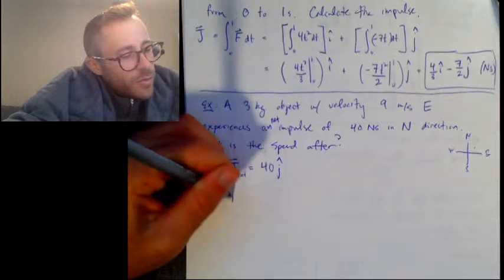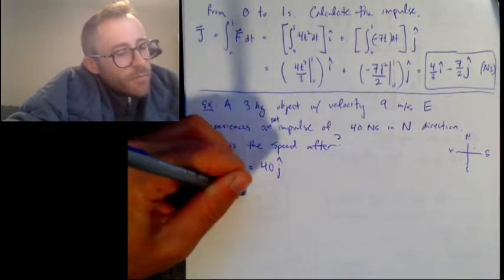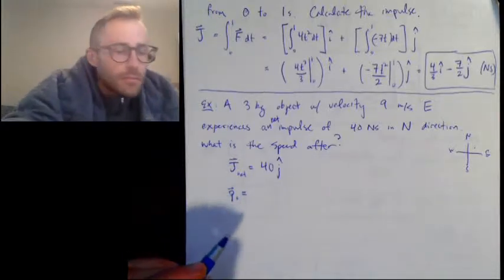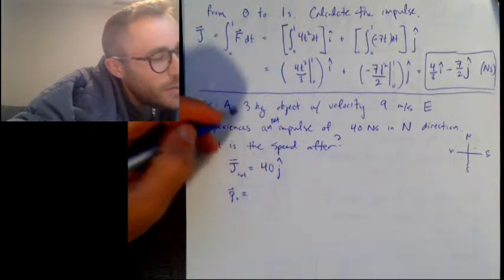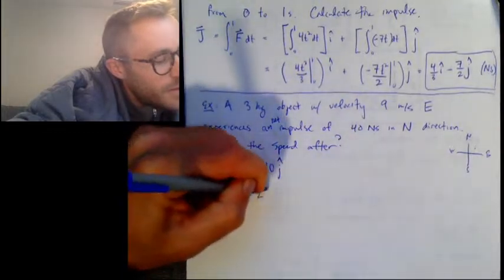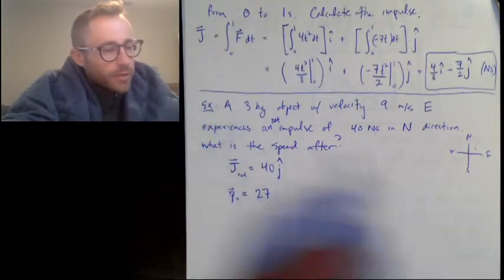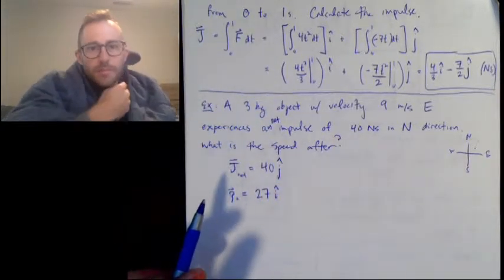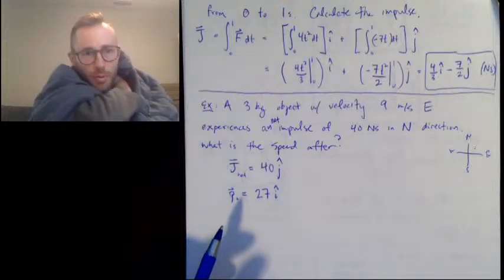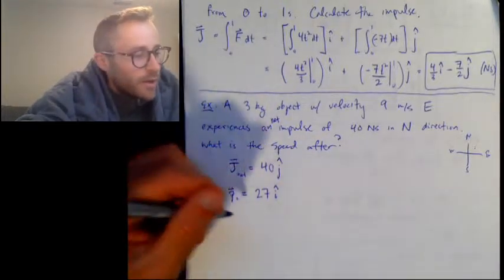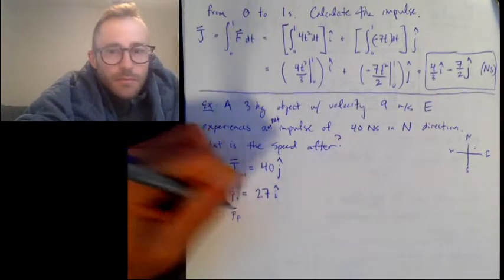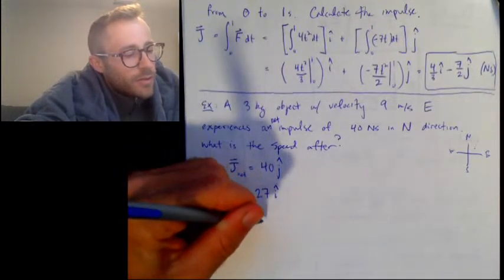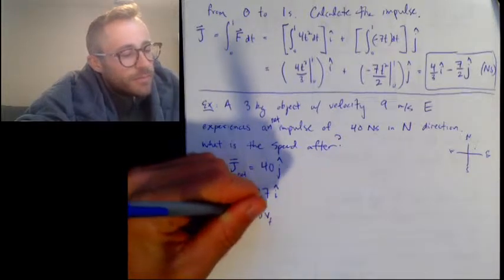The initial momentum is going to be 3 times 9, so that's 27 in the eastward direction, the i hat direction. Notice how the impulse and the momentum are perpendicular to each other. The final momentum is going to be mass times whatever the final velocity is.